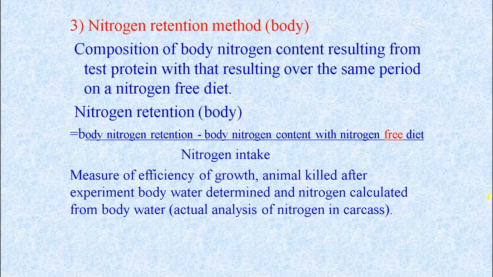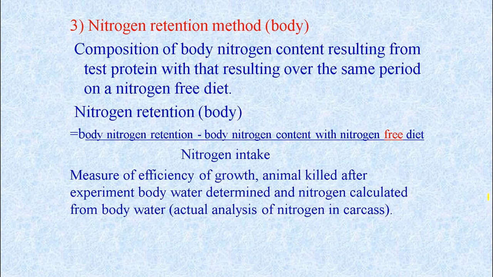So nitrogen retention in the body is the composition of the nitrogen content which results from the test protein over the same period on a nitrogen free diet. Hence, nitrogen retention in the body is equal to body nitrogen retention minus body nitrogen content with nitrogen free diet, divided by the total nitrogen intake by the animal.